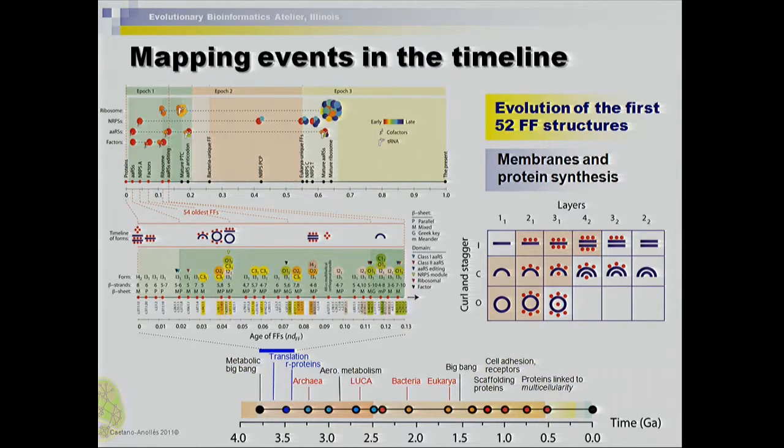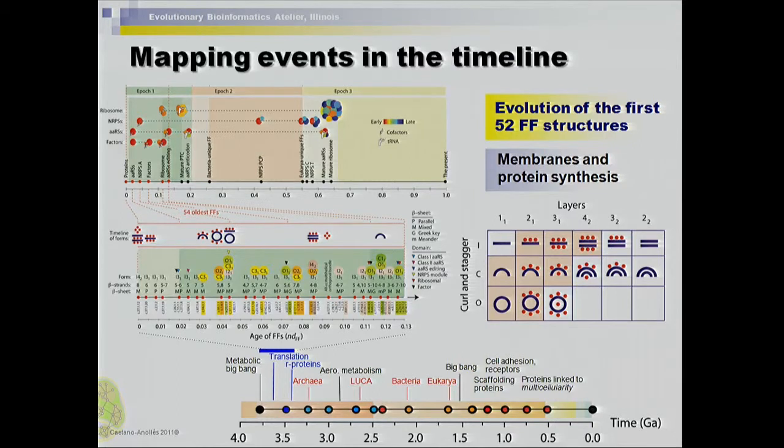This is again Bill Taylor's periodic table, and the origin of the protein world seems to be based on this kind of structures. The 3-1 design. That means layers of sheets spanning alpha helical components.